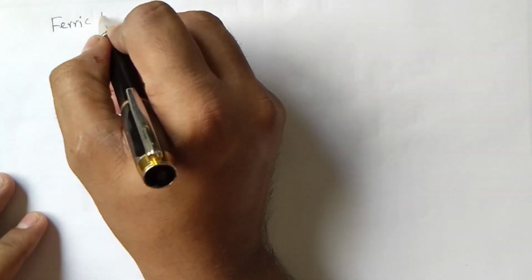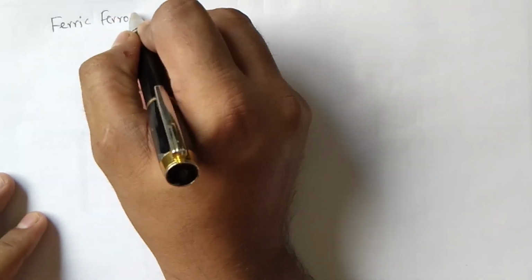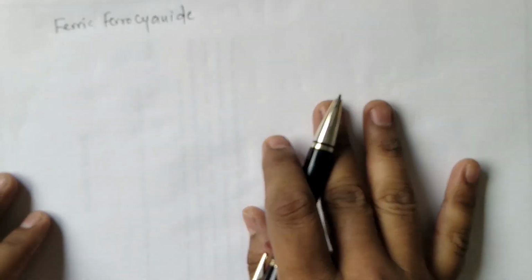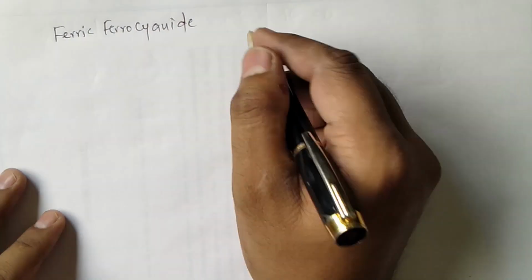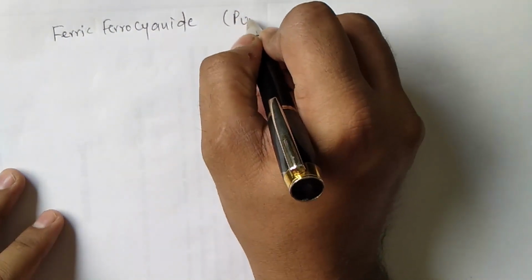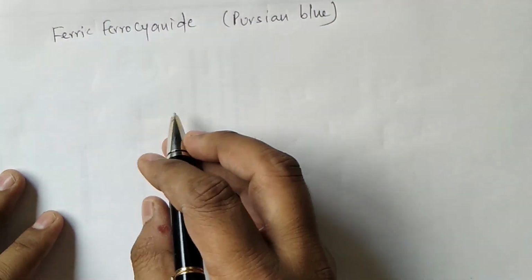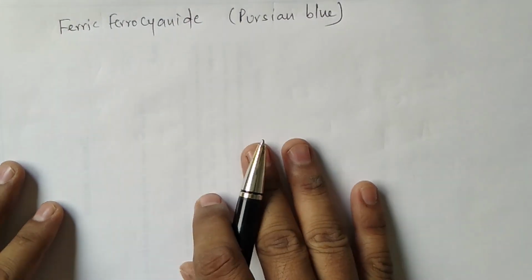Ferric ferrocyanide is also called ferriferrocyanide, or Persian blue. A blue color complex it is.